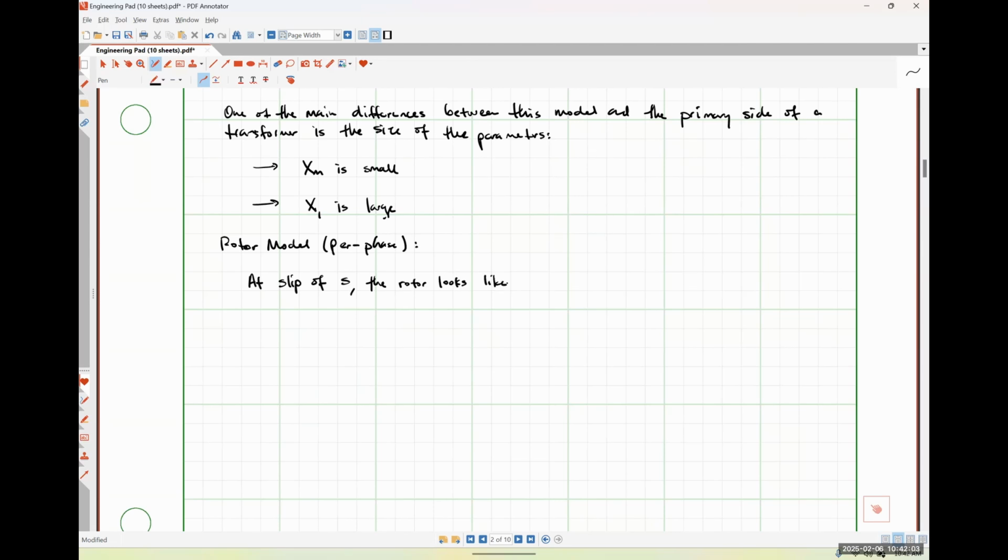Okay. So here are the terminals of our rotor, essentially. And we are going to have a voltage here. This is going to be called SE2. We're going to have a reactance here, jSX2.